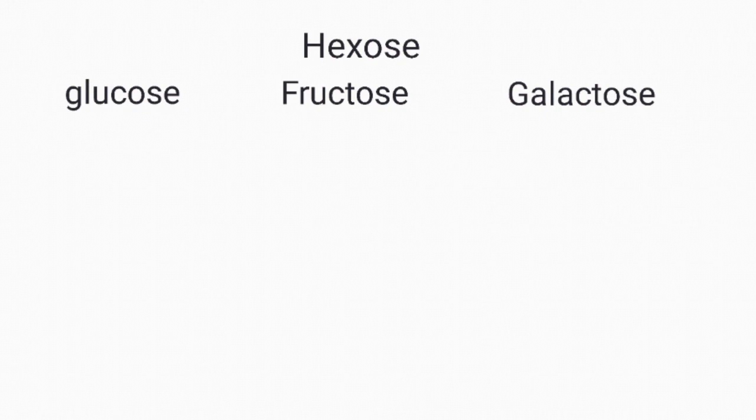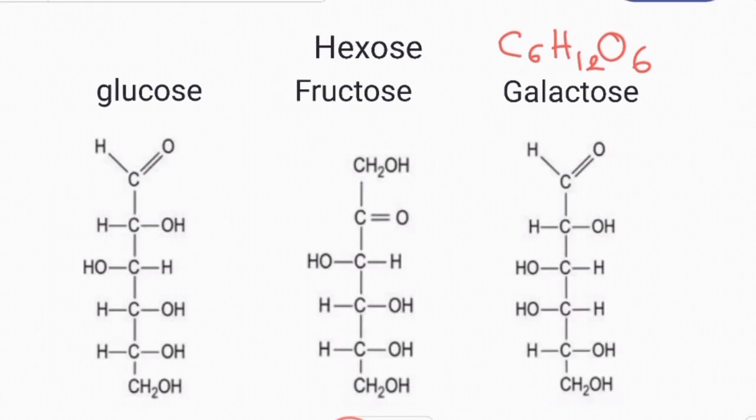They all have the same molecular formula, C6H12O6. So here you can see the structures. If we take the glucose molecule, we can see there are 6 carbon atoms.